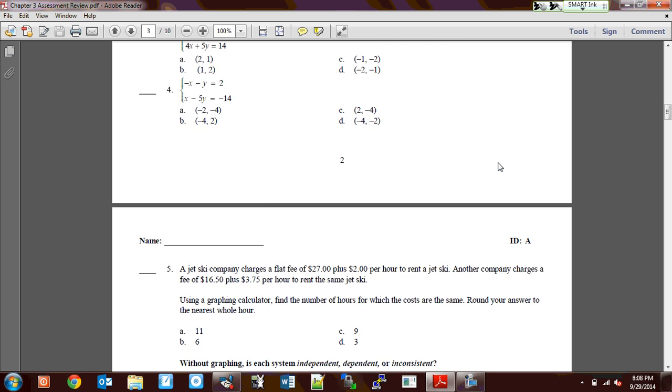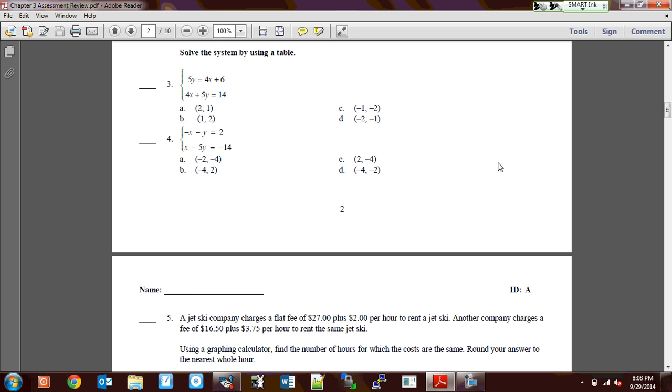Alright, number 3. Solve the system using a table. So we're going to flip over to the graphing calculator, and we are going to graph these, and then use our table feature to then find our answer.